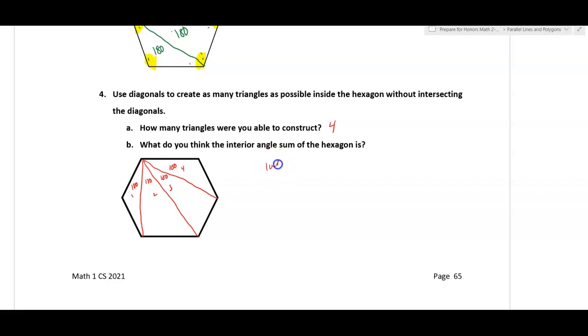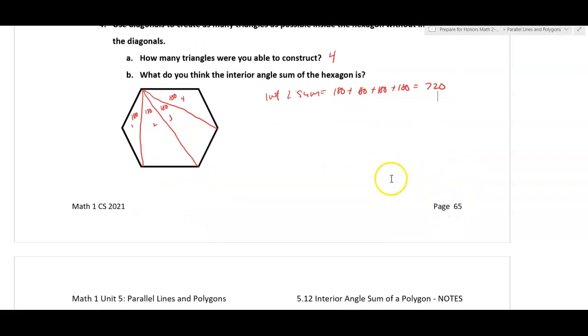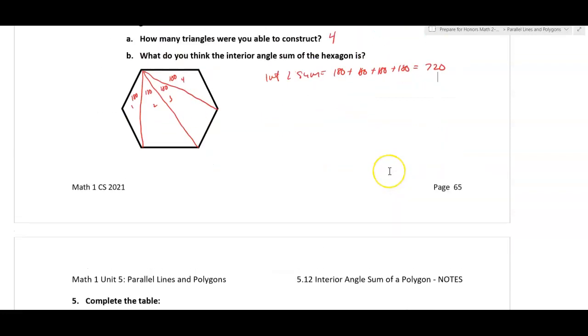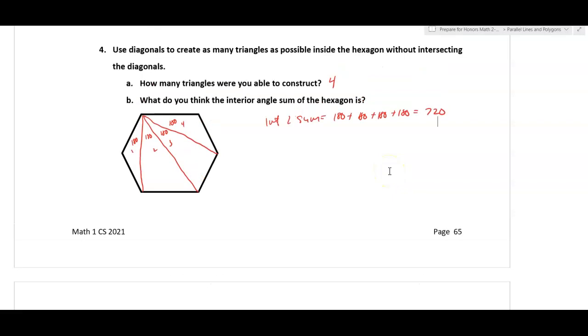So I know the interior angle sum of this would be 180 plus 180 plus 180 plus 180, which is 720 degrees. Well, is there an easier way to do this? Because if I gave you and told you a polygon had 40 sides, would you want to find out how many triangles there are and all that?